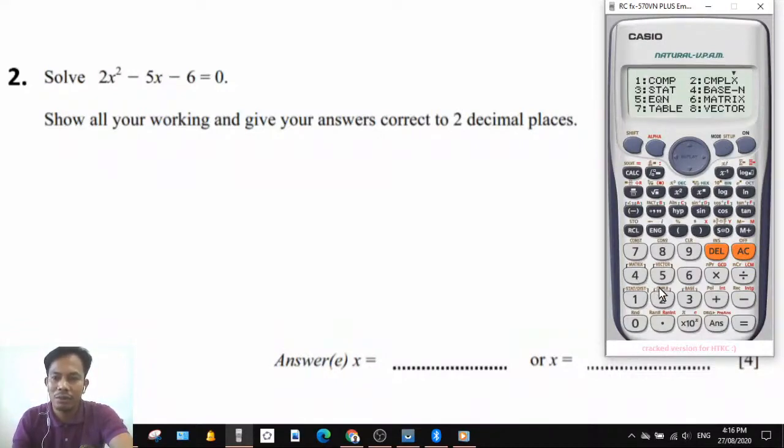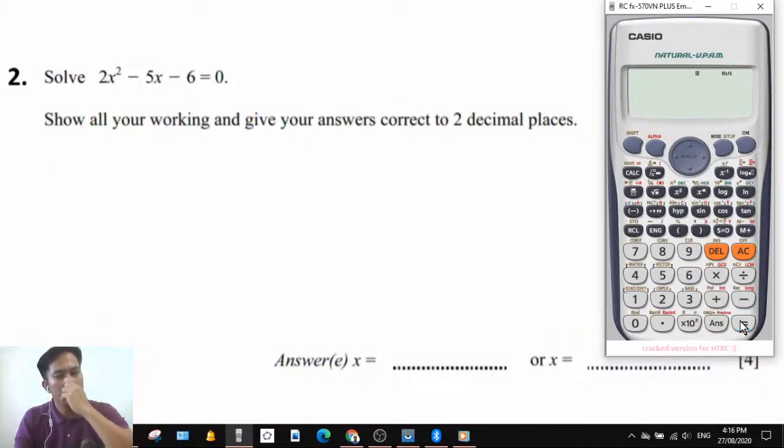So I'll press mode 5, then 3. A is 2, then I'll have negative 5 as the B. C is negative 6. I'll press equals. It's not an exact value. So how will I do this?